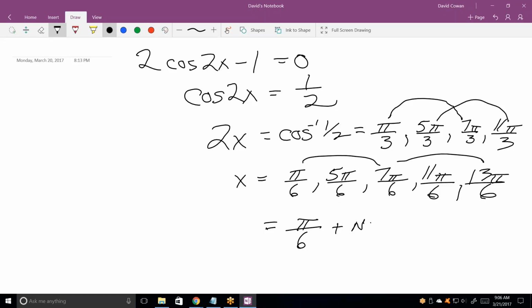N pi. And the other part of it, I don't know how they do this, I always write one below the other. Either way is fine. So the other one is 5 pi over 6 plus n pi also.